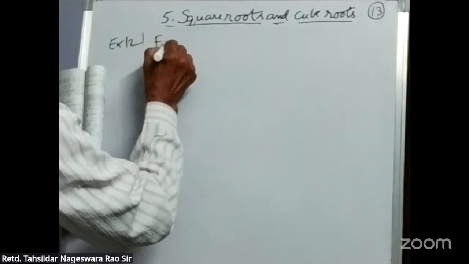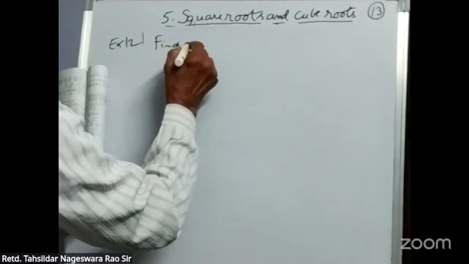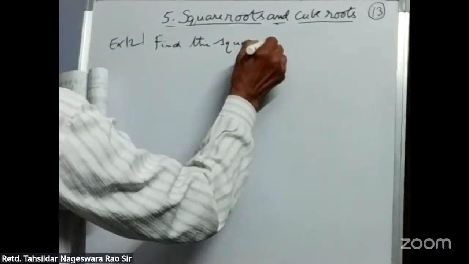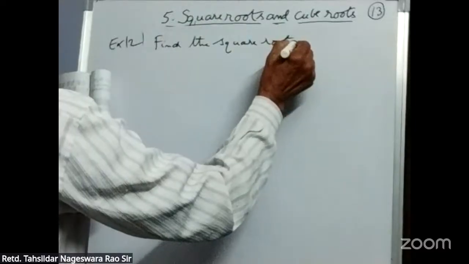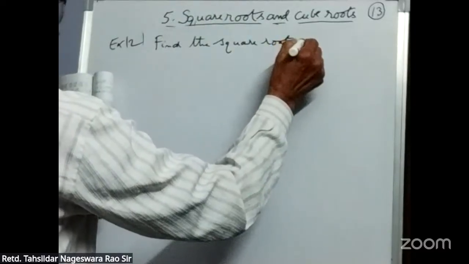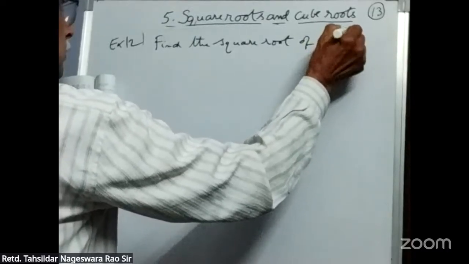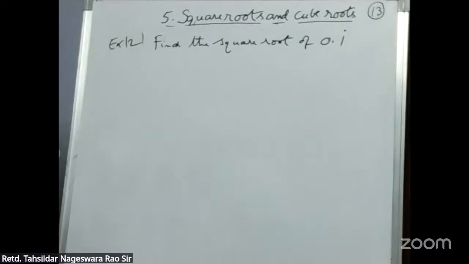Find the square root of 0.1 recurring. That we have learned in the decimal fractions chapter.